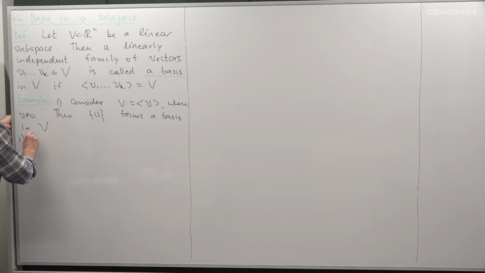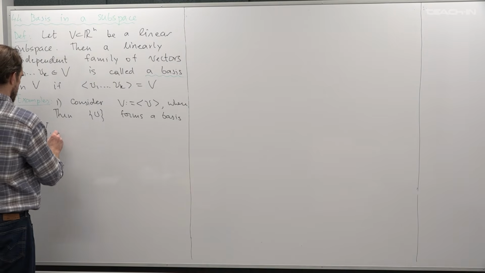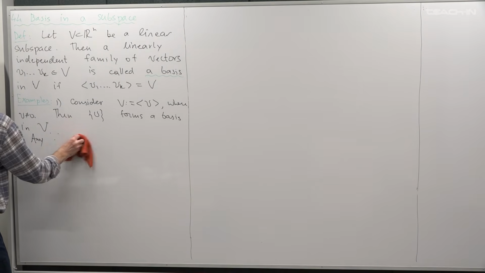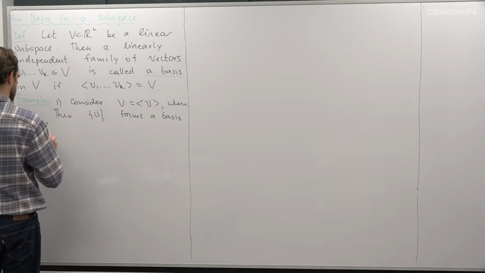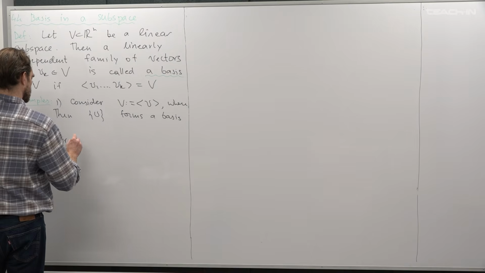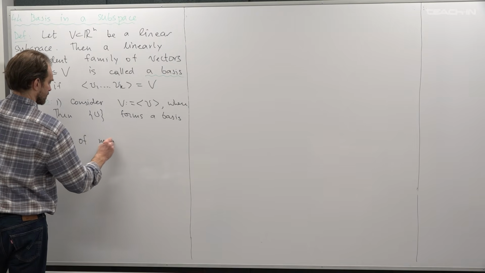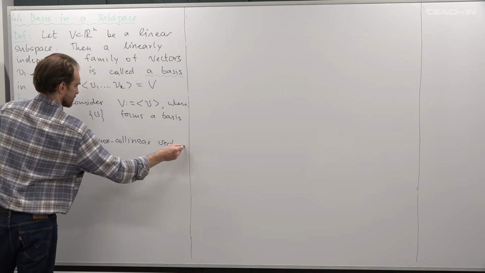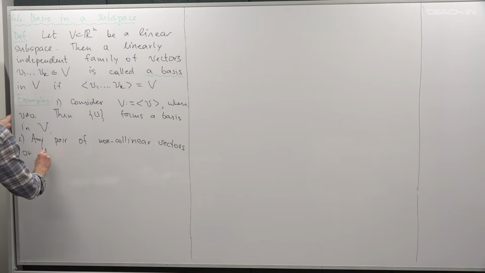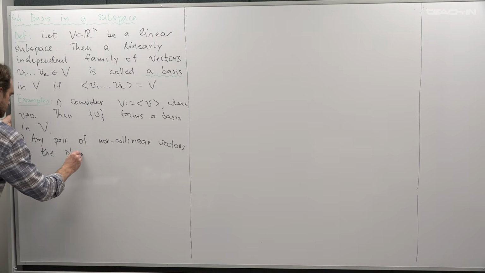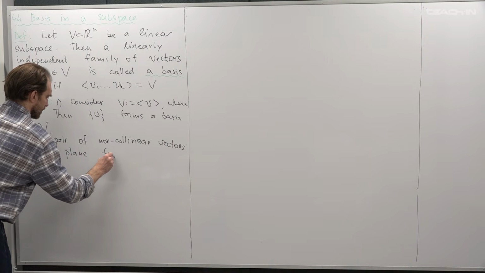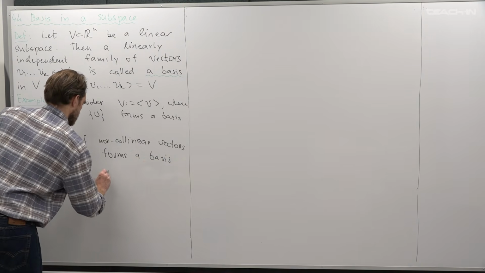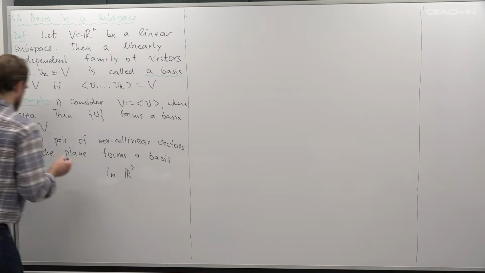Okay, then any pair of non-collinear vectors on the plane forms a basis in R2. So that's more or less obvious.